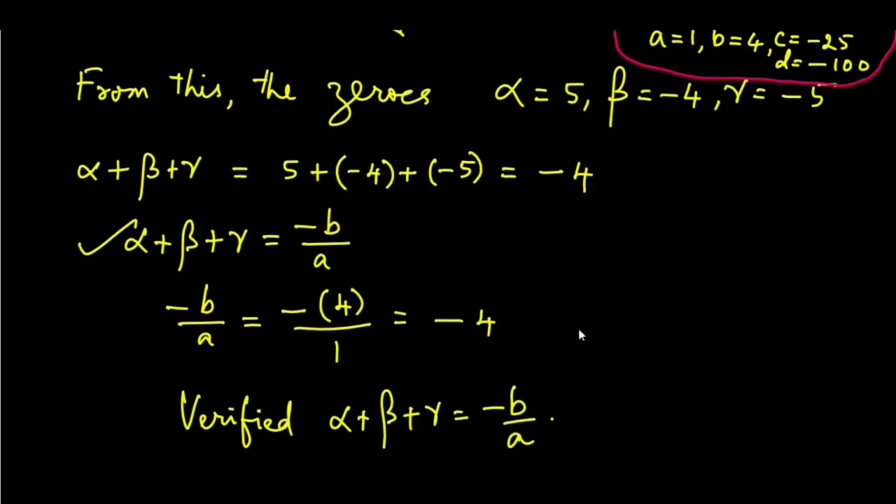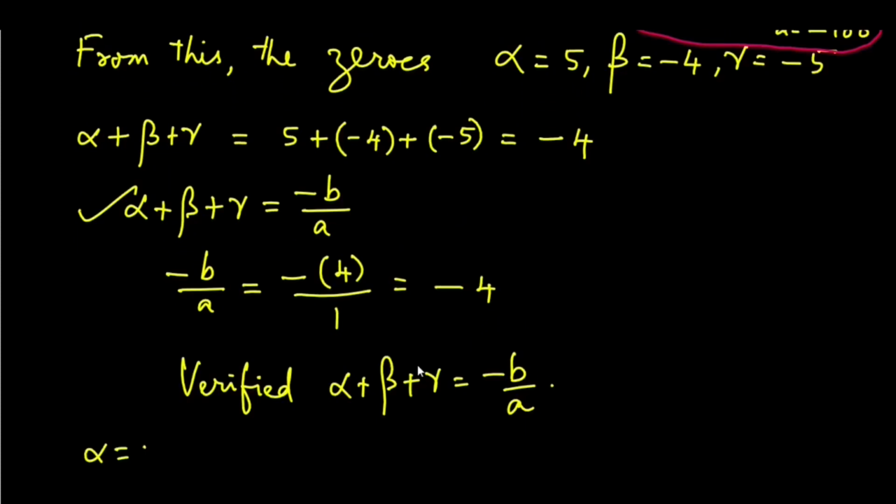Let us take another relation. Alpha is equal to 5, beta is equal to minus 4, gamma is equal to minus 5.